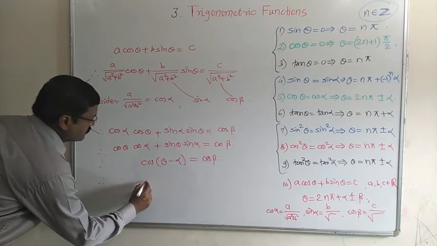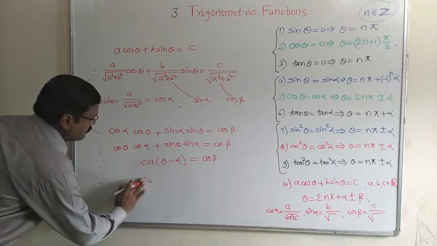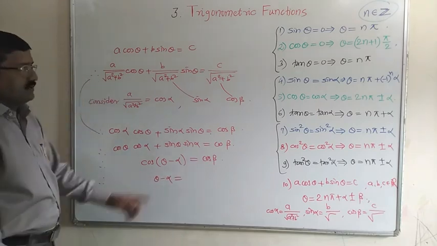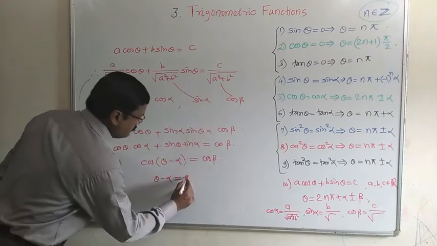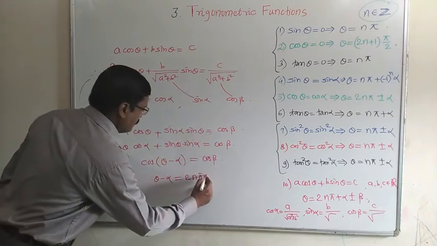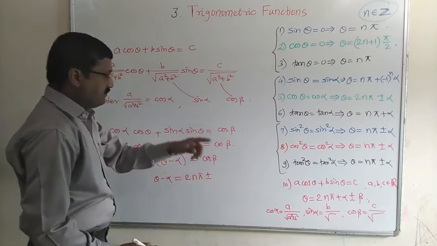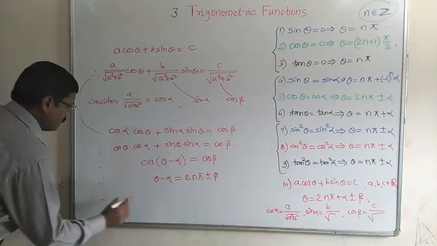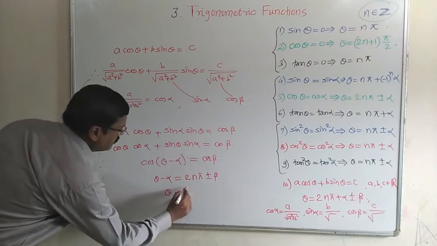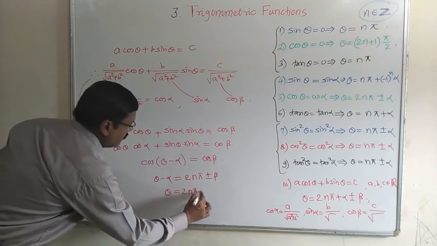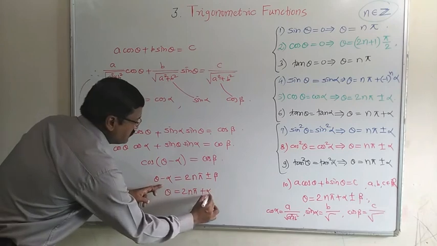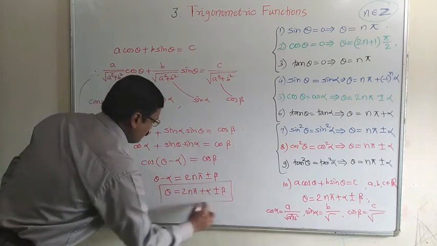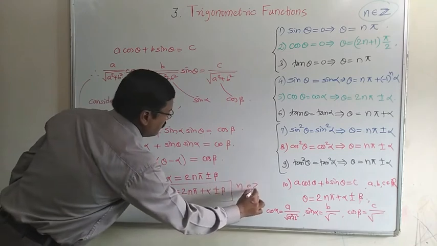Therefore using result number 5, we get theta minus alpha equal to 2n pi plus minus beta, here alpha of the formula is our beta. Therefore theta is equal to 2n pi plus alpha plus minus beta, where n belongs to integers.